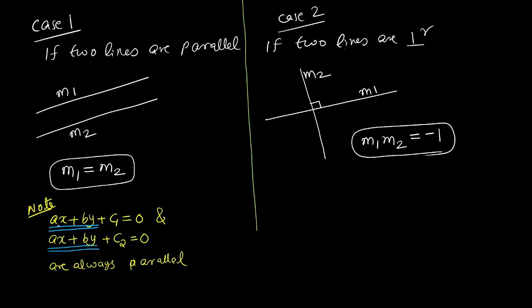Look at the equation: if the terms of x and y are common, the two lines will be parallel, because if you find the slope, you will get the same slopes. Derivation is not required. All of you please write down. Okay? Please write down.